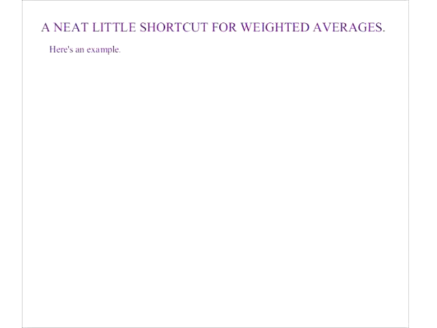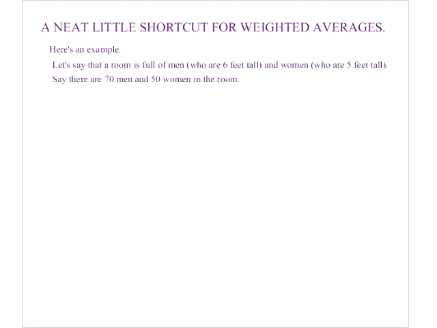Let's say the room is full of men who are 6 feet tall and women who are 5 feet tall. Say there are 70 men and 50 women in the room.